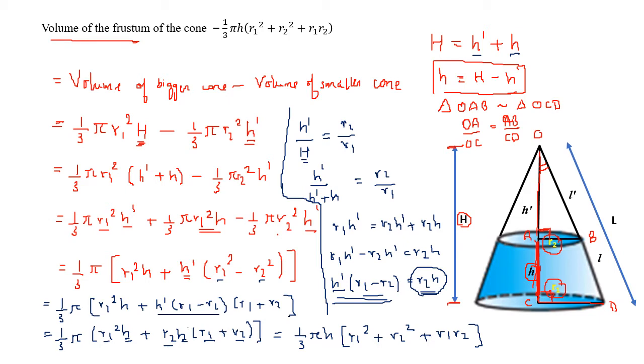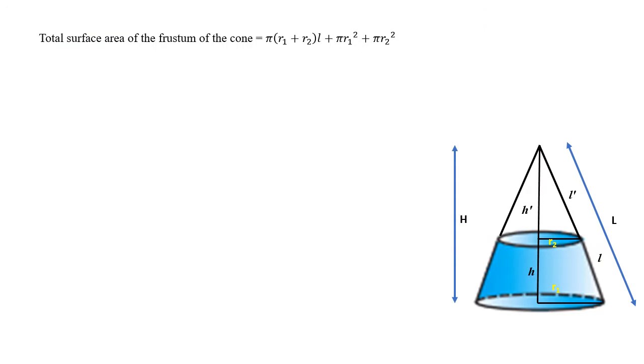Right? Now we'll derive the next formula, total surface area. Okay, but before the total surface area, we'll derive this part here, which is the curved surface area. Now you can see how you find the total surface area. The curved surface area plus the circle at the bottom and plus the circle at the top.